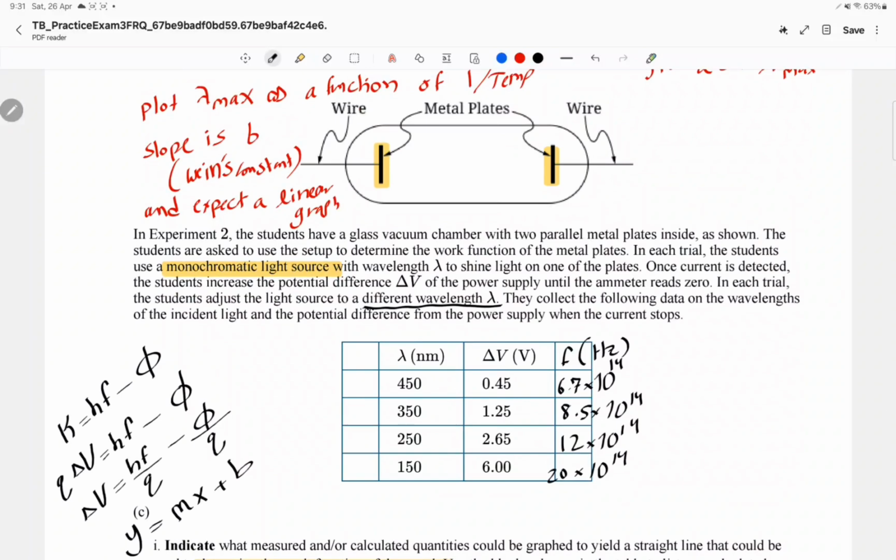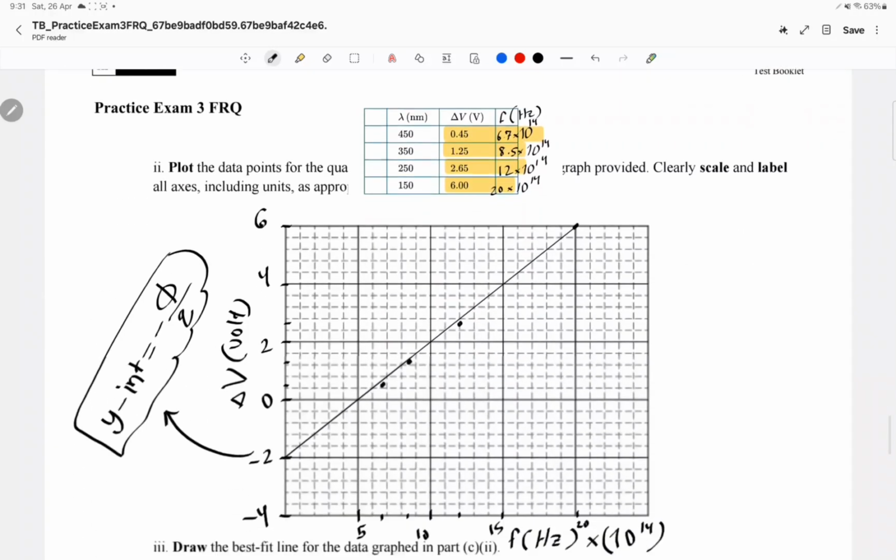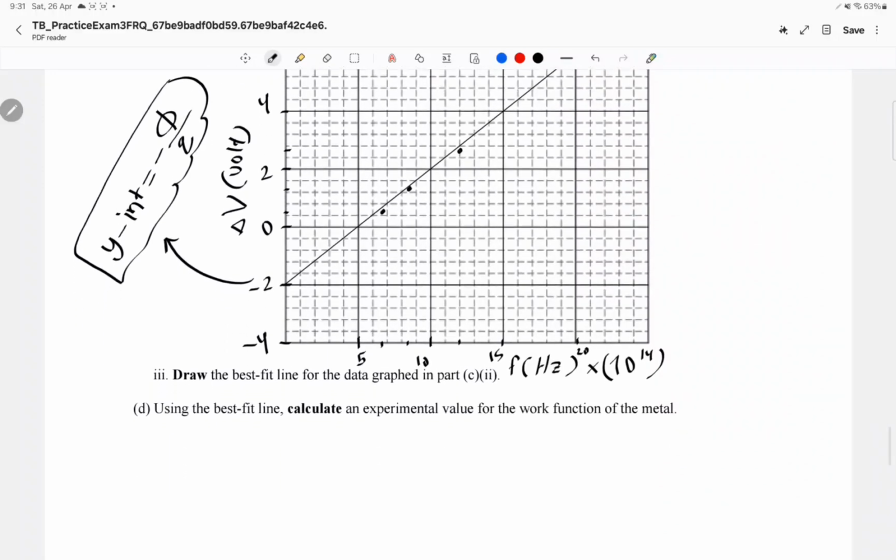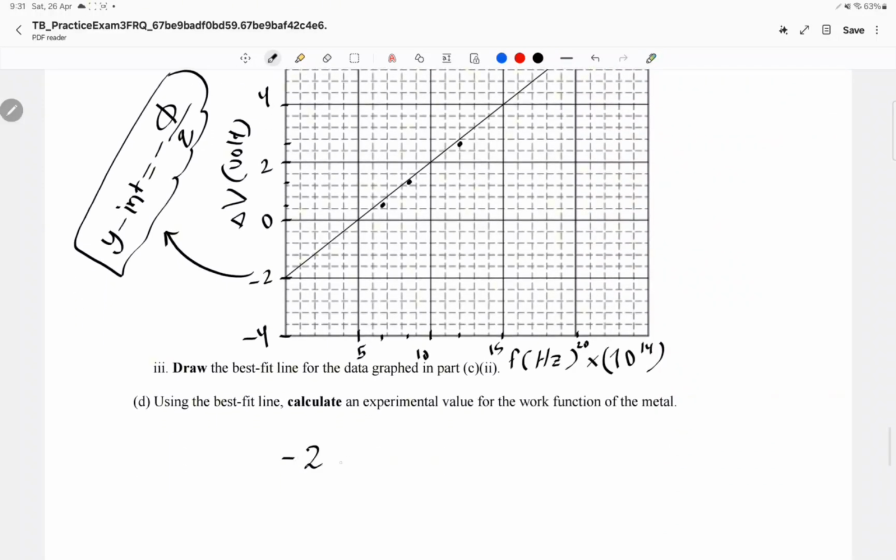So now we calculate the y-intercept. Using the best fit line, calculate an experimental value. So we're going to say -2 is equal to negative work function over q. The q is just the charge of an electron, right? 1.6 times 10 to the power of -19. The -2 is in volts, the charge is in coulombs.